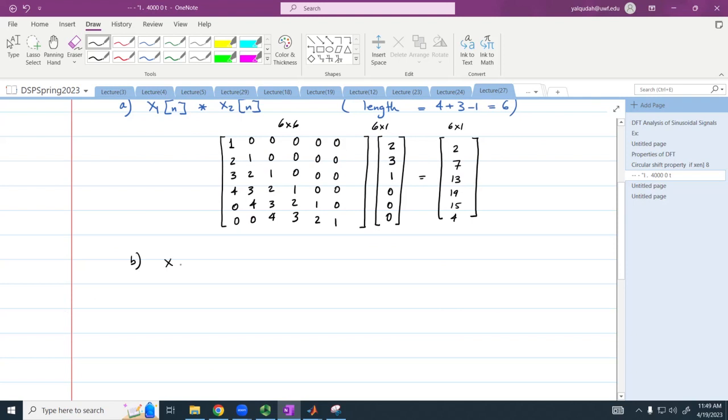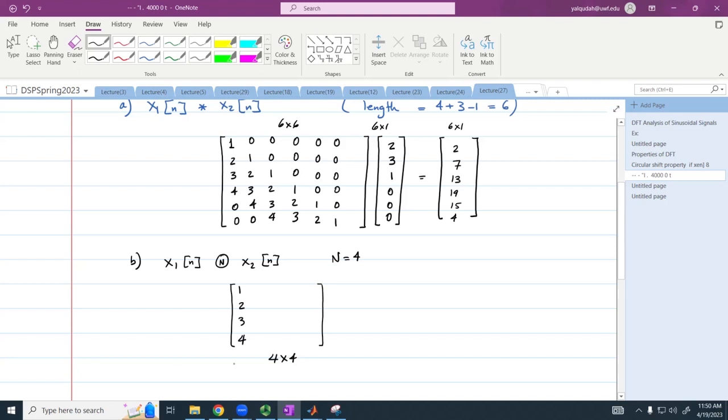Next, we're going to do circular convolution with n equal to 4. Since n is equal to 4, we're going to do the same thing. We create a matrix that is 4 by 4, and we're going to have 1, 2, 3, and 4.